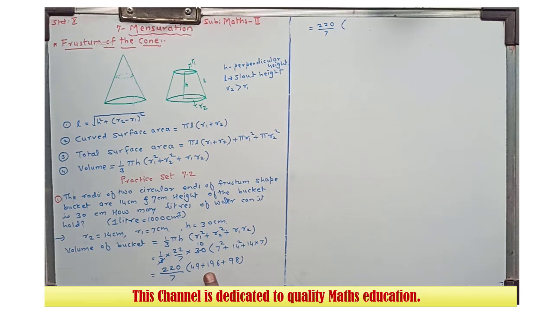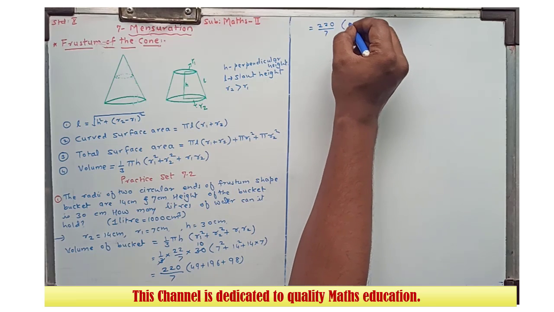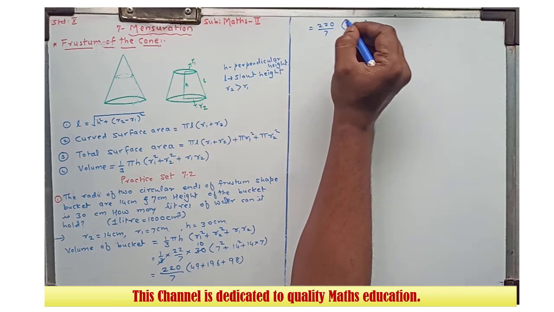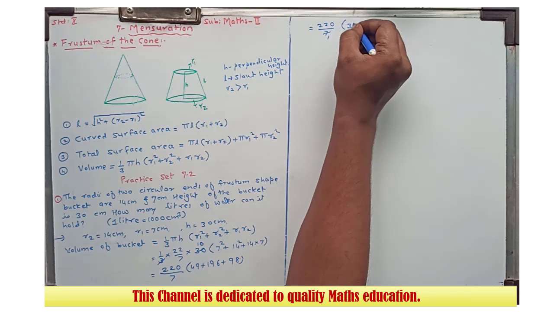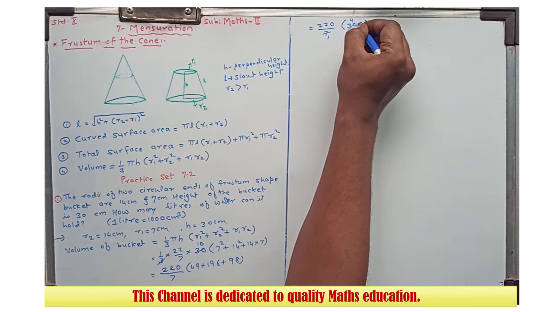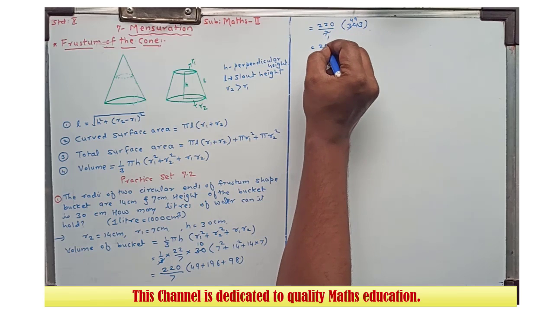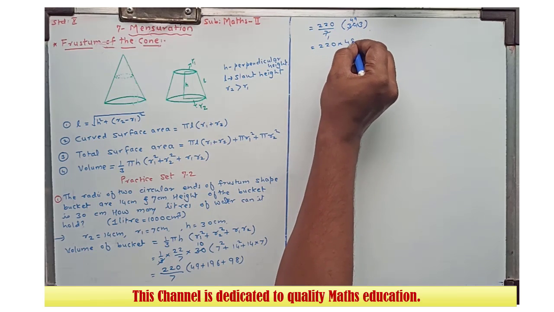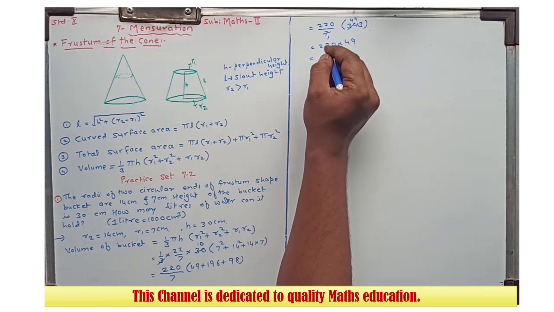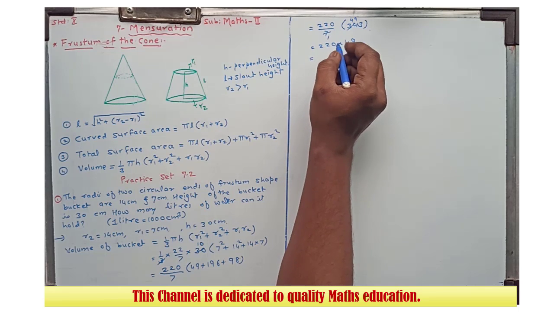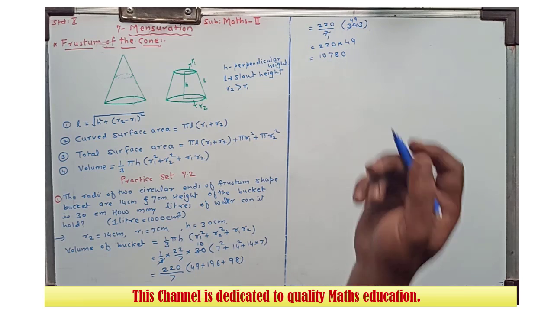Now addition of all these numbers, 49 plus 196 plus 98, that addition is equal to 343. Just simplify here. 7 1s are 7, 7 4s are 28, 6 is left, 7 9s are 63, that is equal to 220 into 49, and that multiplication is 10,780. You can check it.